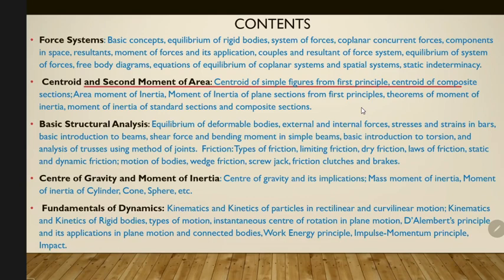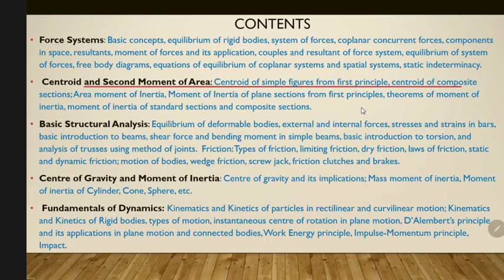Now, firstly, we'll be checking out what our chapter number one, or unit number one, is. What is it all about? Now, your unit one, as the name itself says, primarily deals with the force systems: what kind of forces can come on any object, and how to evaluate.